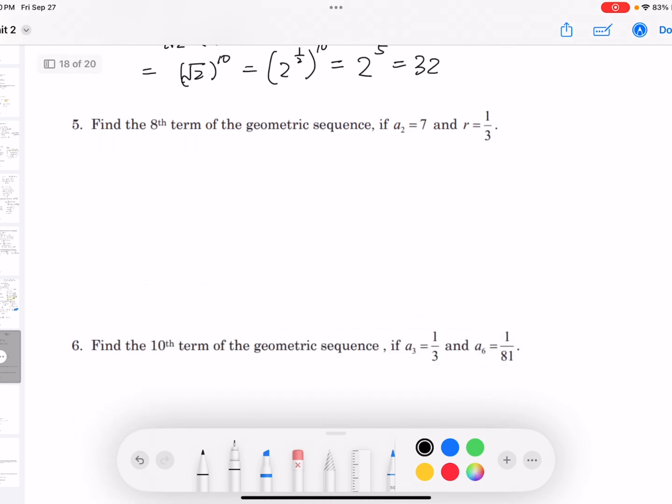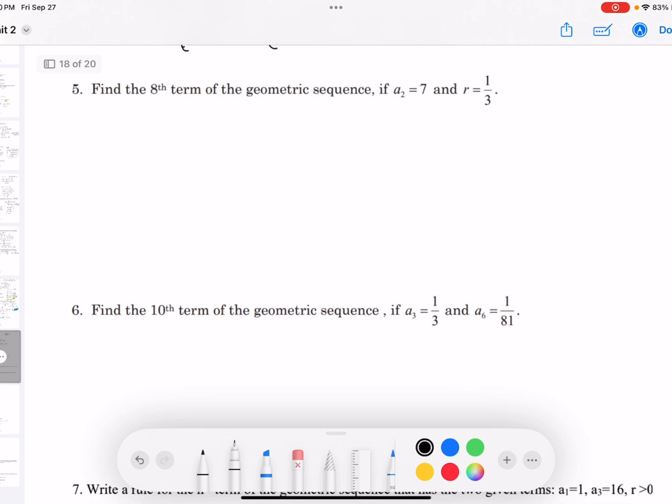Okay, let's see number 5. Find the 8th term of the geometric sequence, if a sub 2 is 7, r is 1/3. So this is an interesting question. We came to the conclusion that if we have a sub n is equal to a sub c times r to the d power, then the sum of c and d is n.